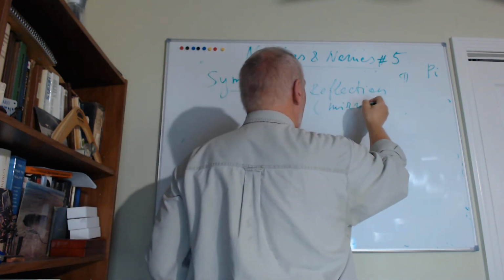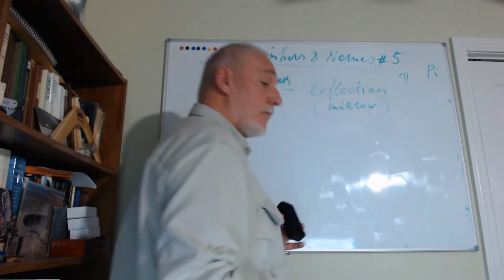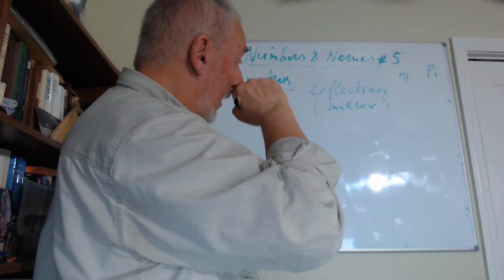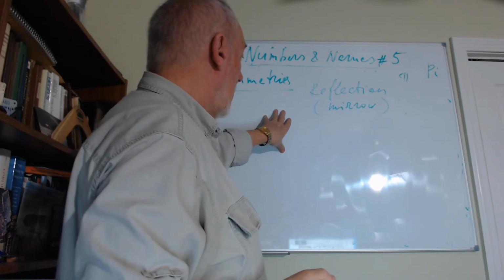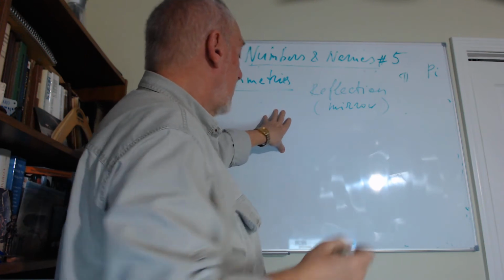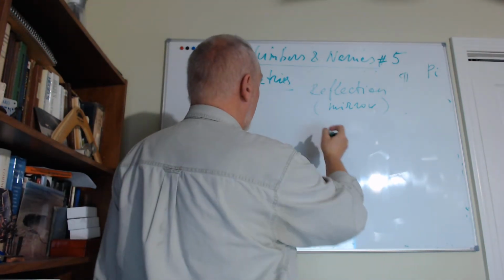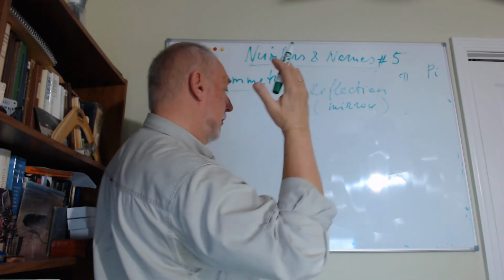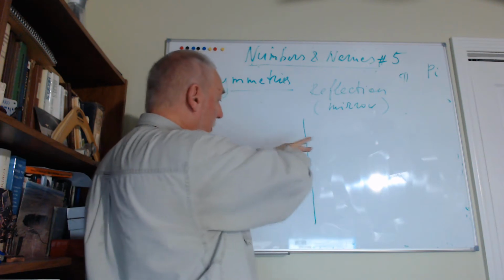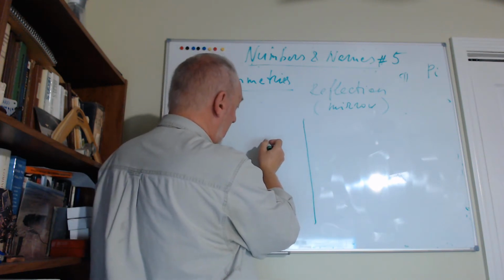So it's something that we see in the mirror. It's a pretty interesting thing. It is actually a symmetry which goes like this: we have a mirror, right? We look into the mirror this way, like that.